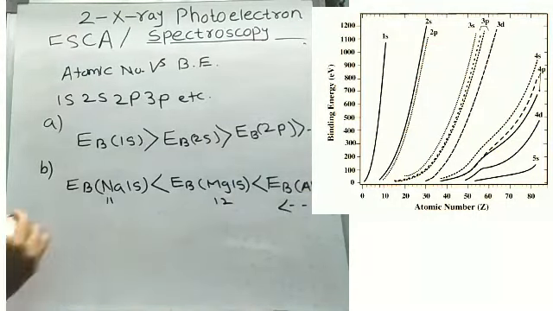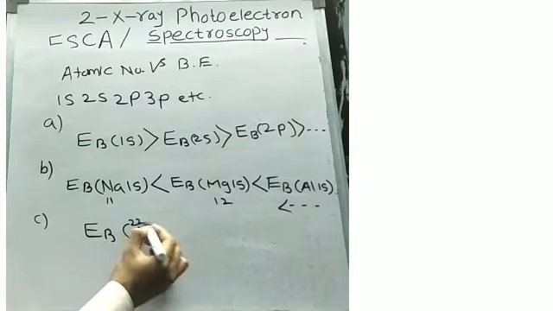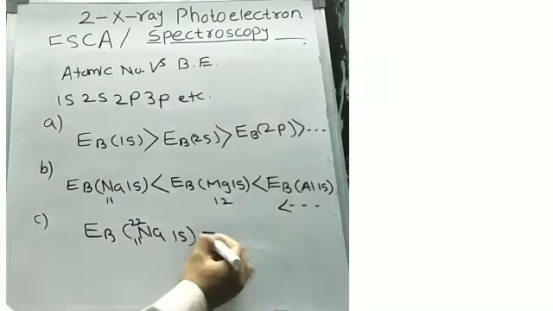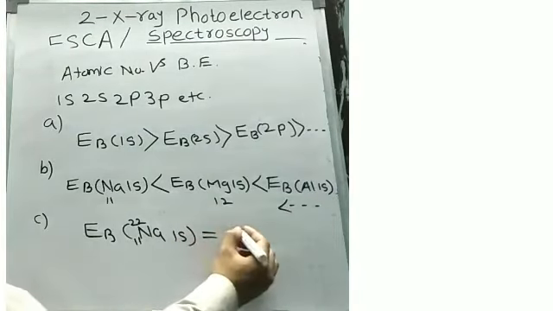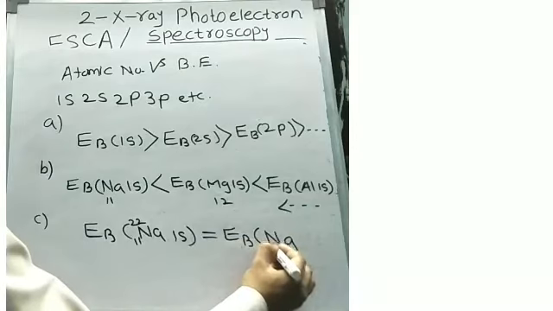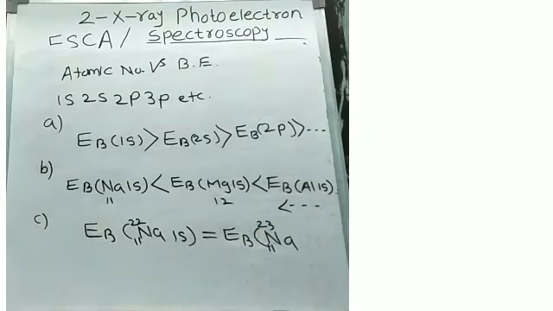It also shows that binding energy is not affected by the isotope. It will be the same. For example, the binding energy of the 1s orbital of sodium, atomic number 11, atomic mass 22, will be the same as the binding energy of the 1s orbital of sodium, atomic number 11, atomic mass 23.